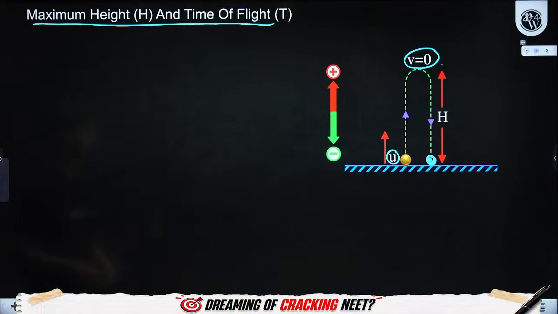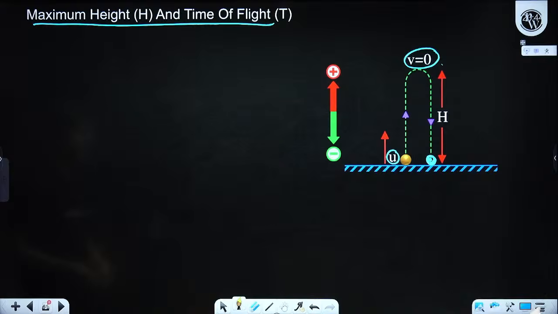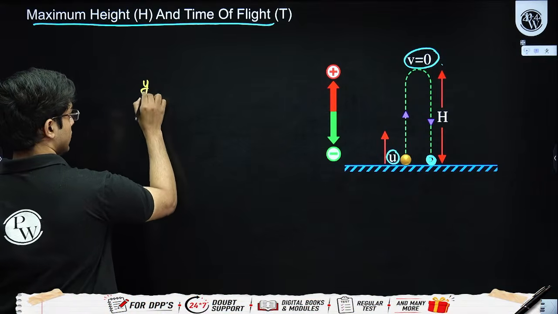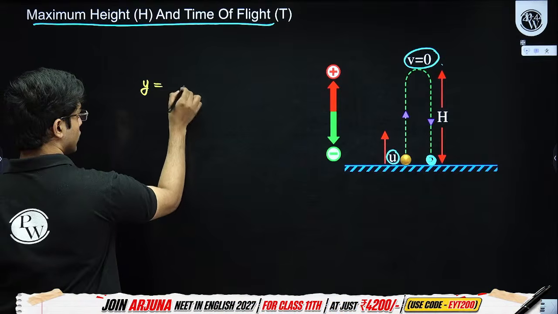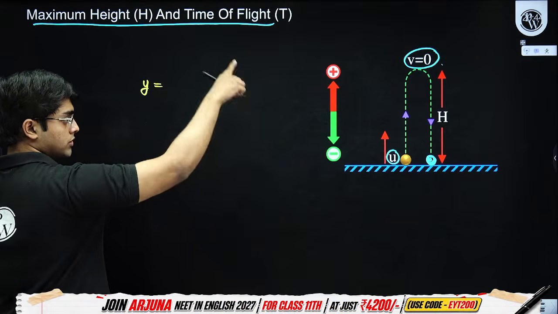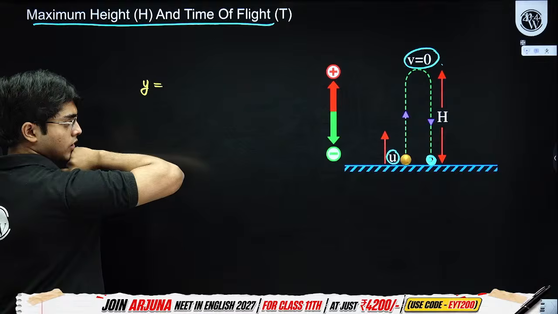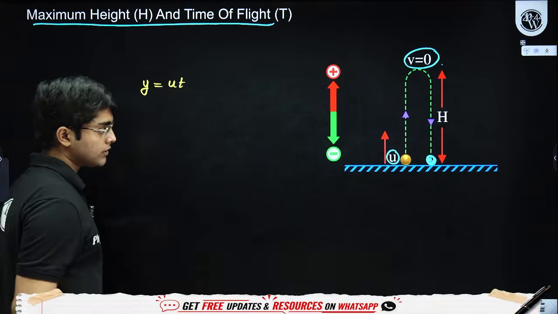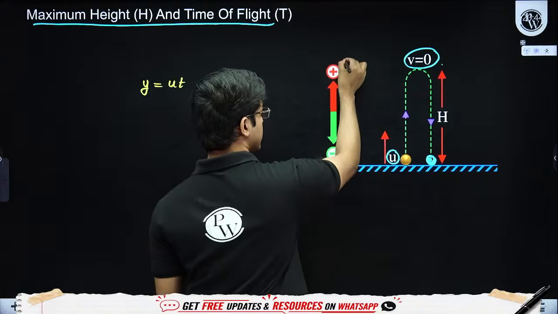For finding the time, we'll write the displacement equation. The displacement equation will be y equal to ut, because the motion is happening in the y direction. Here I am choosing the upward direction as positive.